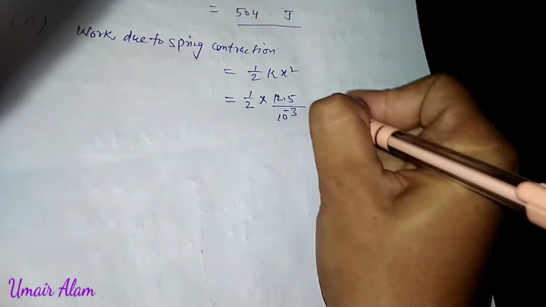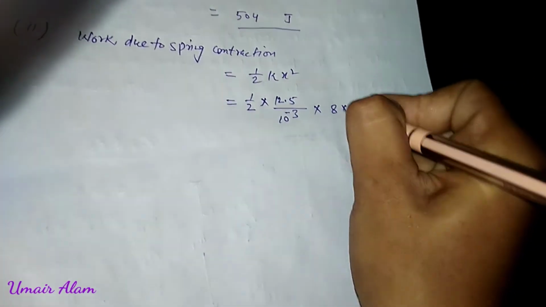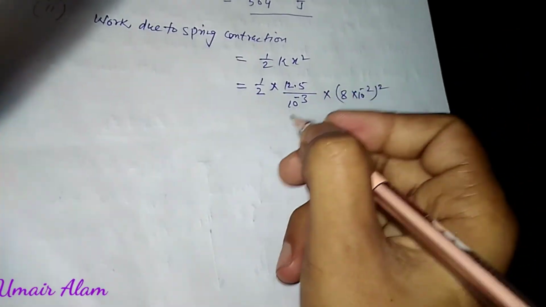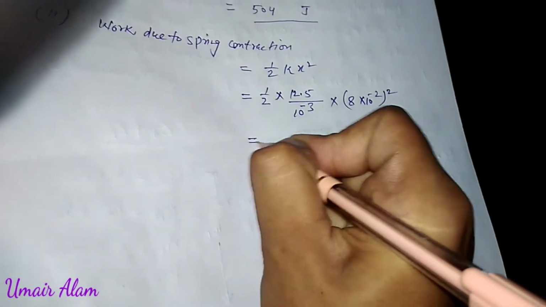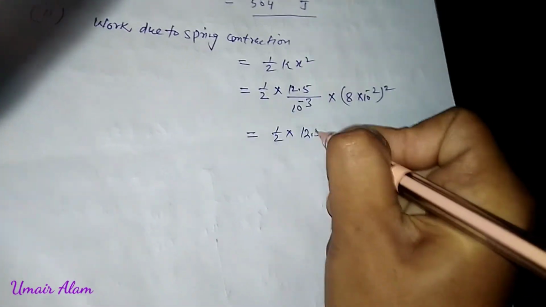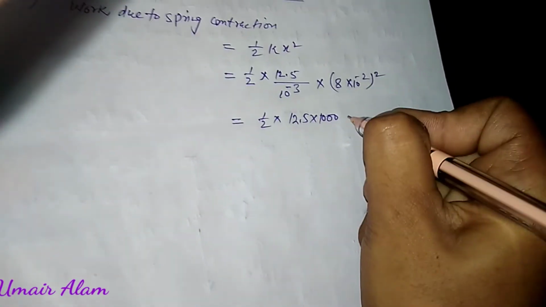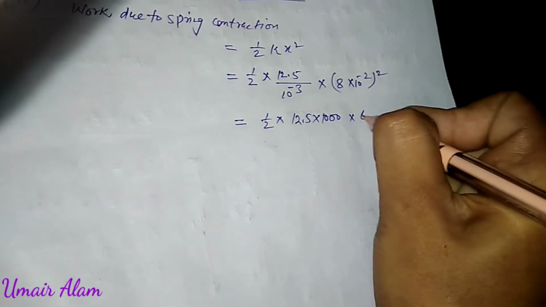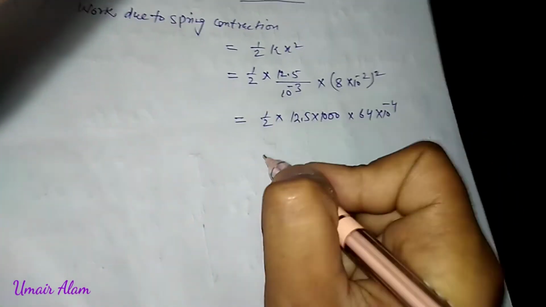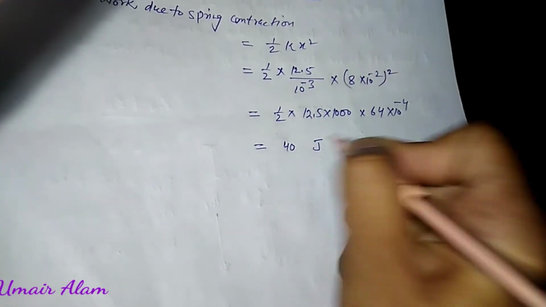And x is 8 into 10 to the power minus 2, whole square. So 1 by 2 into 12.5 into 1000 into 64 into 10 to the power minus 4, and this value will be equal to 40 joule.